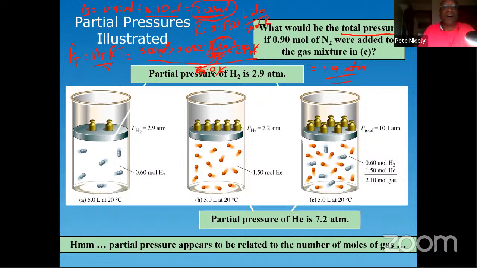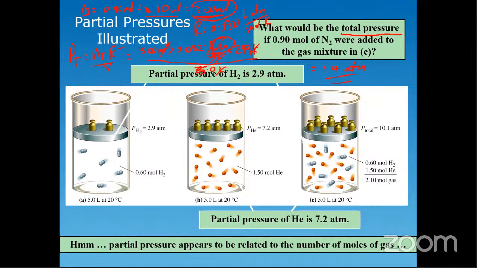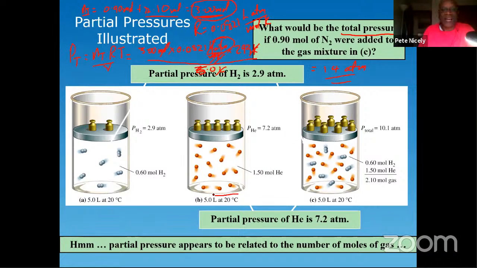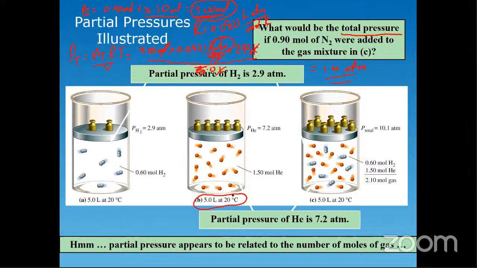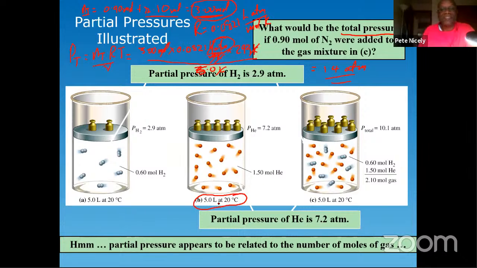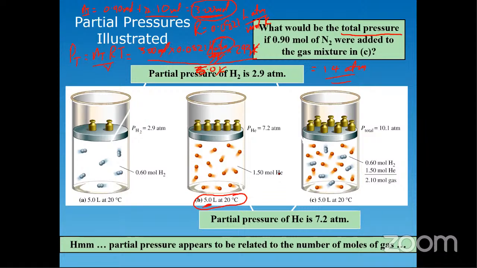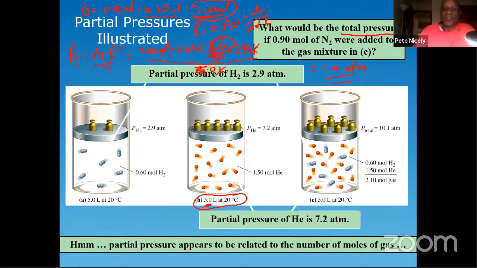So the value of R is always going to be that value. Where did you find the temperature and the volume? The temperature and the volume is right here: 20 degrees, which you have to convert to Kelvin, and the 5.0 liters. Okay. Any other questions before we move on?